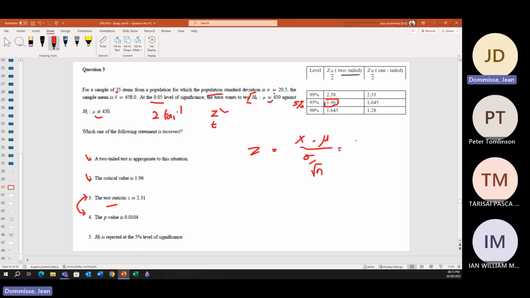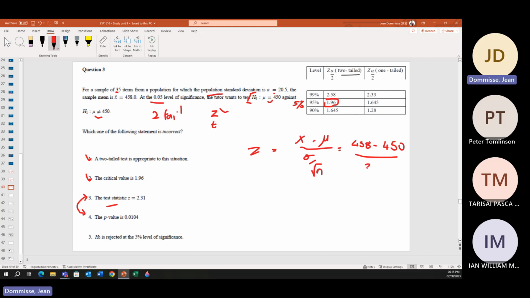So we want to know if 458 is really significantly different from the value 450. That is basically what we are going to test, if there's a significant difference between the two.